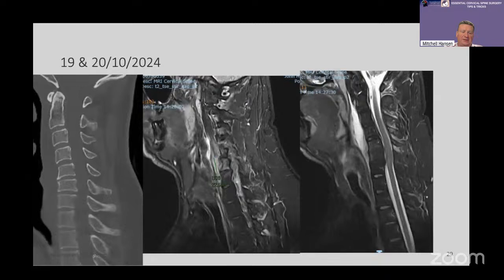So this was in October last year, and he demonstrated a prevertebral collection, some osteomyelitis, and he was treated with IV antibiotics.